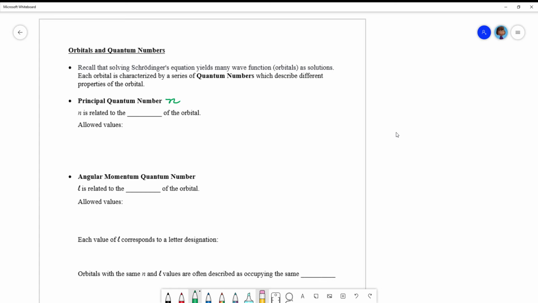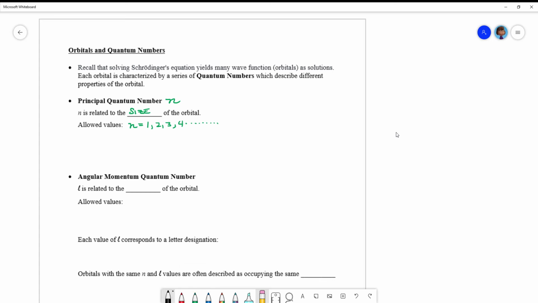So, well, as it turns out, the value of n, the principal quantum number, is ultimately related to the size of an orbital. And the allowed values of n are n equals 1, 2, 3, 4, going on until, technically, I guess you would eventually get to infinity.